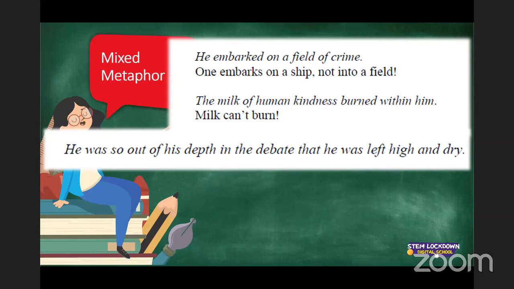So to be left high and dry means to be stranded and helpless. But if he's out of his depth, then he's deeply in water. So he can't be high and dry out of the water. So you see, the metaphors don't quite agree with each other.